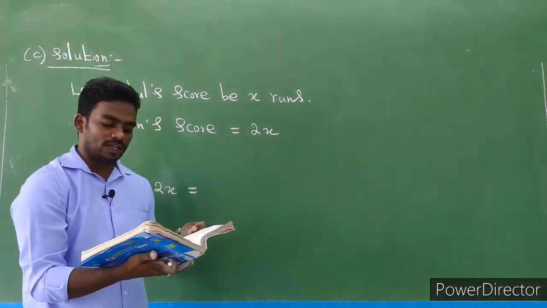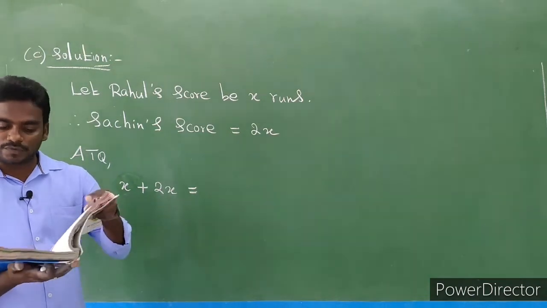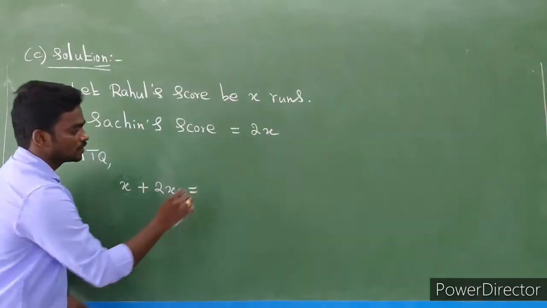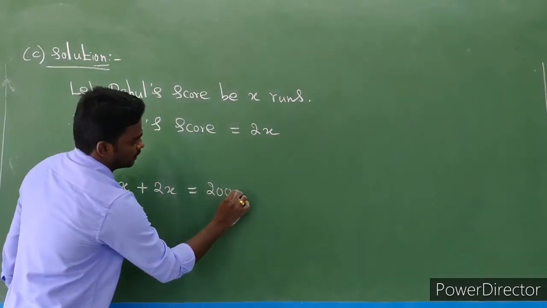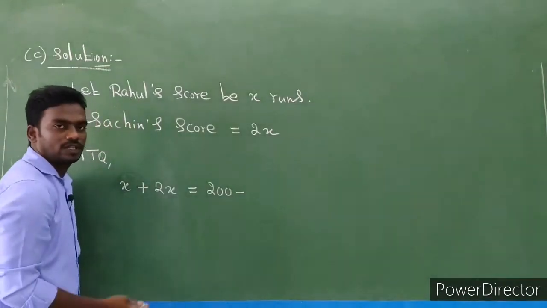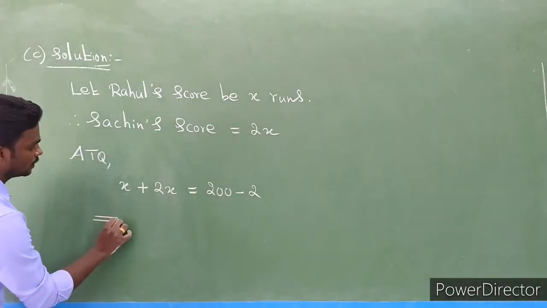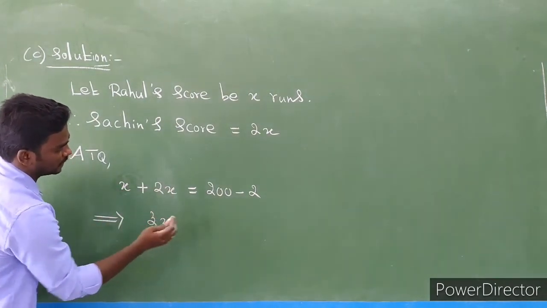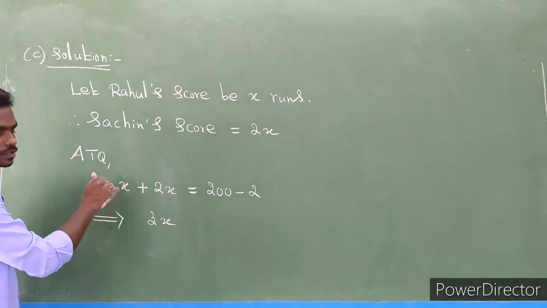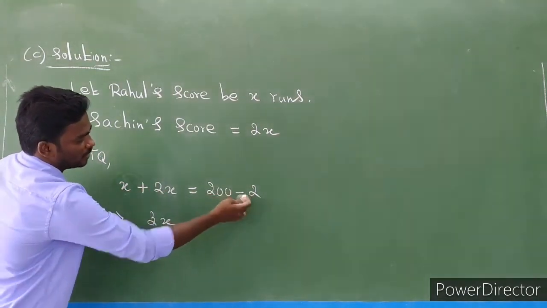Double century means 200, and two short of it is 200 minus 2. So x plus 2x is 3x, which is equal to 200 minus 2.